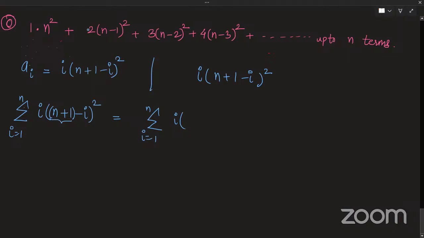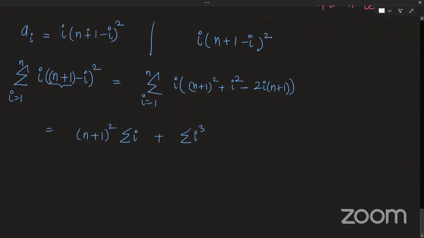So it becomes a minus b whole square, right? (n plus 1) whole square plus i square minus 2 into i into (n plus 1), right? So now you can just write it as (n plus 1) whole square into sigma i, then plus sigma i cube, correct?